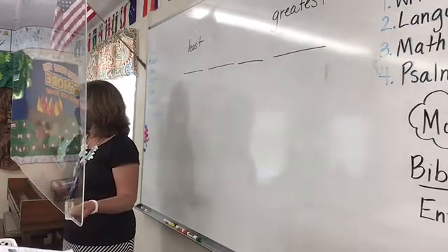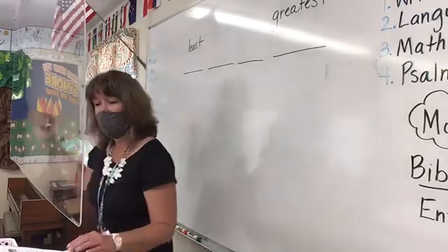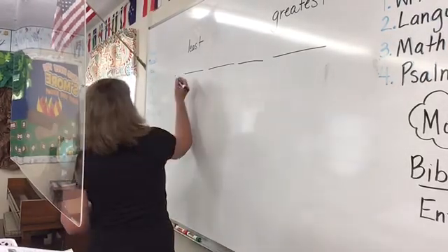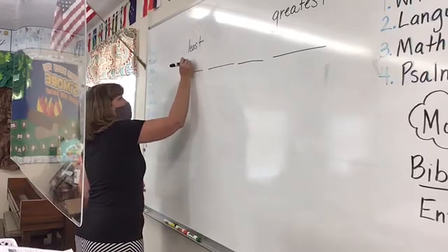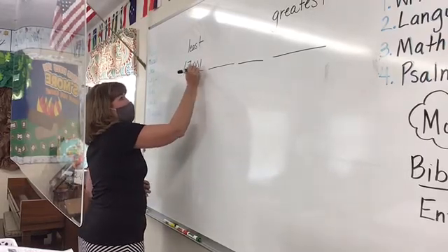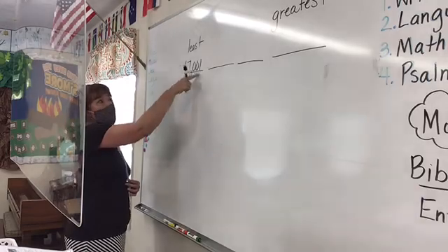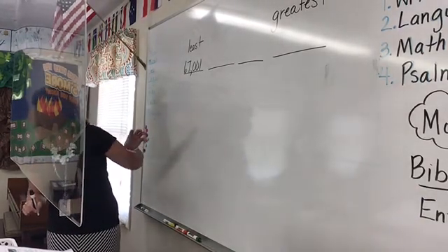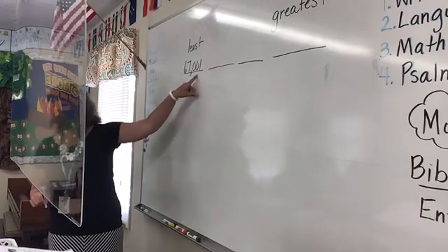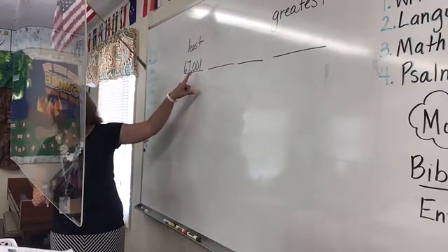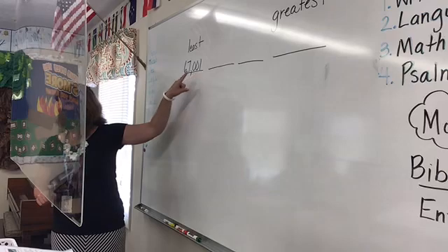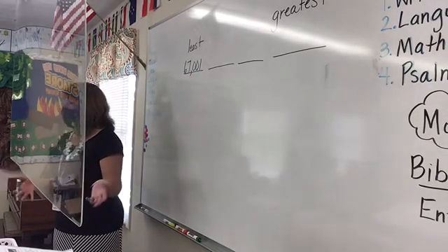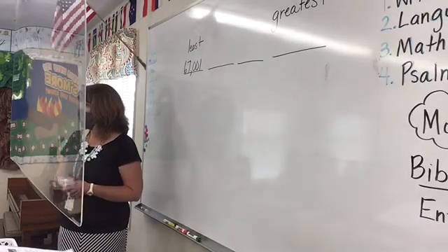Which one has only 5 digits, Mason? The third one. Right. 67,001. That's how you would say that. So that goes on the first blank because this is the least number, and that one was easy because it had less amount of digits, right?